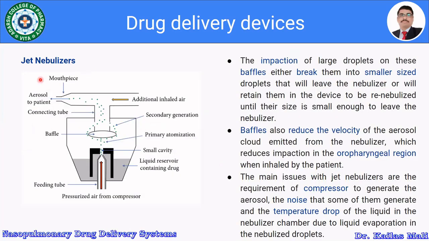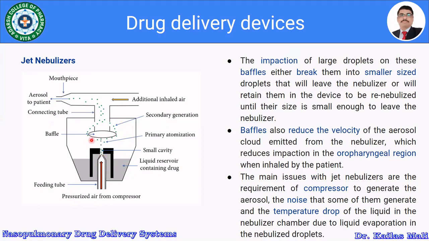Again, here I have shown one more representative image for the jet nebulizer, which comprises this pressurized air inlet, that is a feeding tube from the compressor. This is a liquid reservoir containing a drug. This is a small cavity, or you can say a capillary.